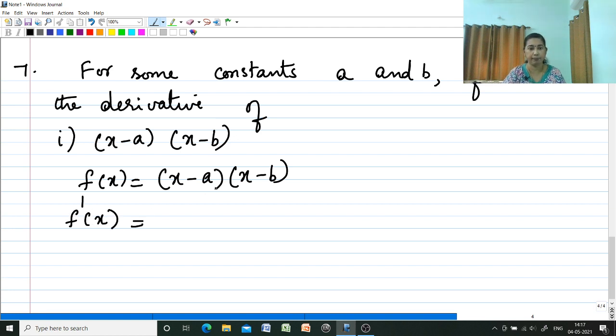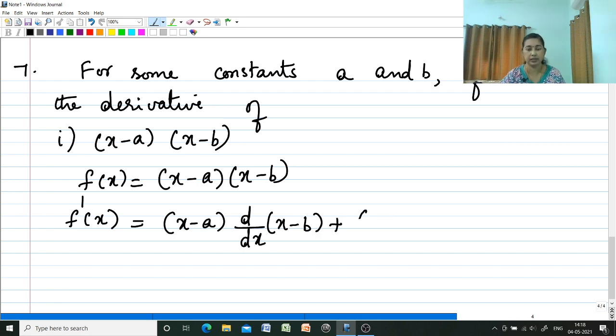We can apply product rule here. Product of two functions. How to find out the product of two functions? First function into derivative of the second plus second function into derivative of the first.